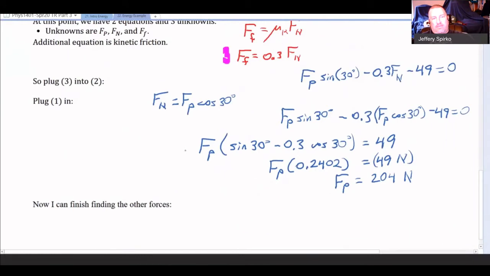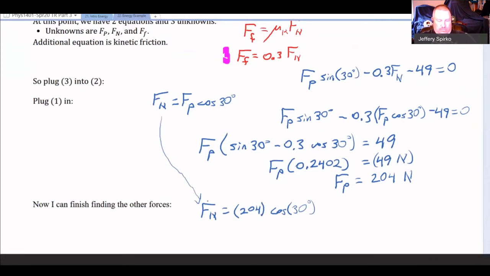So we have FN equals 204, oops, not sine, cosine 30 degrees. So that's from up here. That gives 176.7.